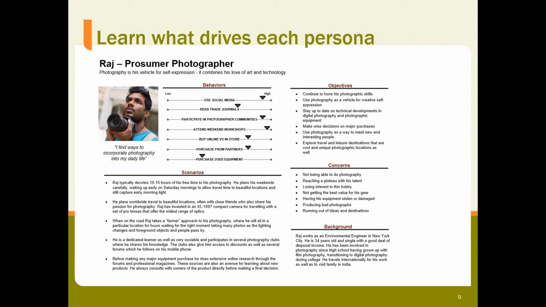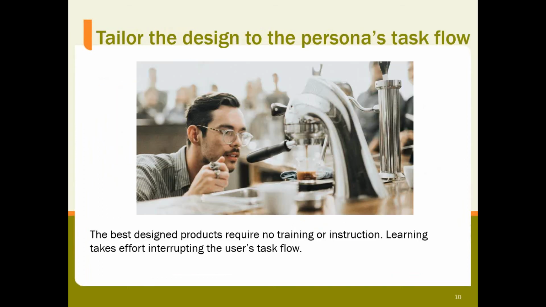You also want to know about that persona's objectives. What is it that they're trying to achieve with your product? Any kinds of worries they have. And then you put in a little postage stamp background, a typical background for this type of person. So that's an example of a persona.